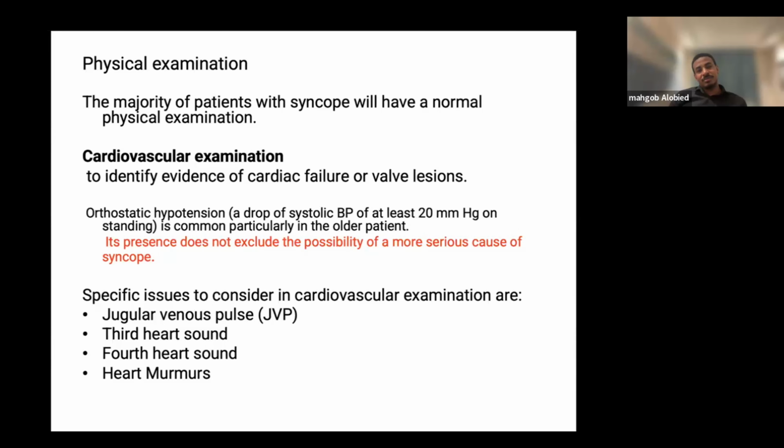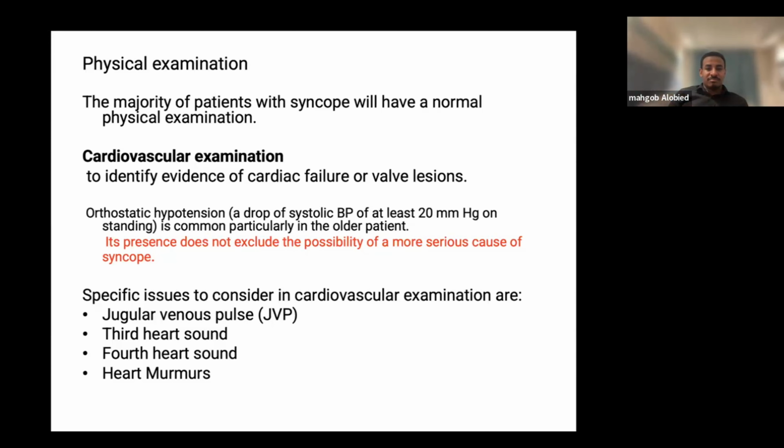In the cardiovascular examination, you will try to identify evidence of heart failure or valve lesions. Also, definitely you will take the blood pressure, orthostatic, to diagnose orthostatic hypotension by a drop in systolic blood pressure of more than 20, for example, mainly in older people.